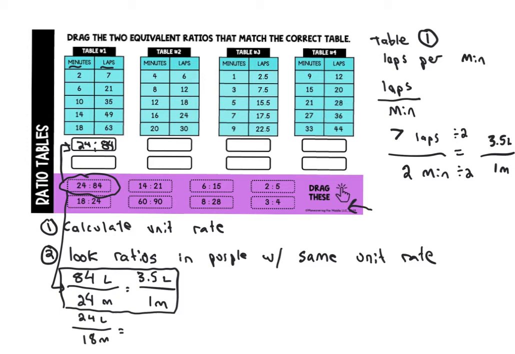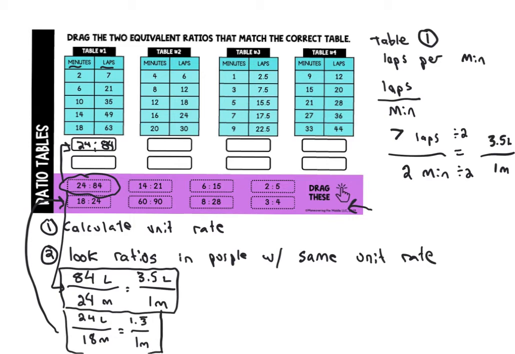My unit rate there, 24 divided by 18 is 1.3 repeating. That line above the 3 means repeating per 1 minute. So that doesn't fit, but I'm going to hold on to that. I'm going to remember that unit rate because that means it'll fit somewhere else.